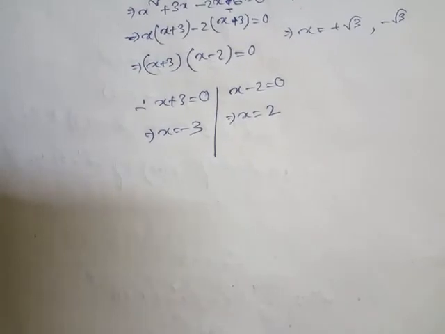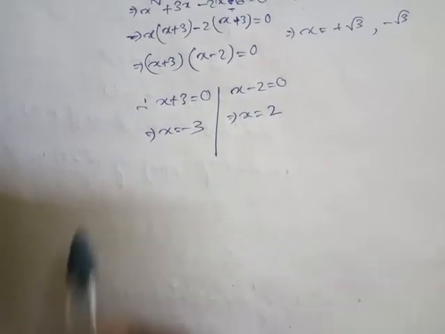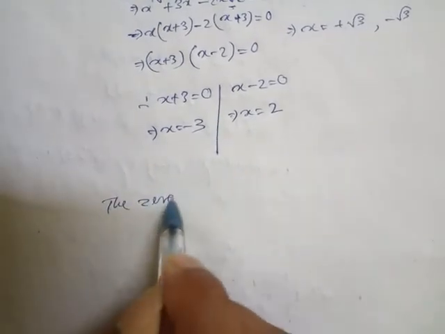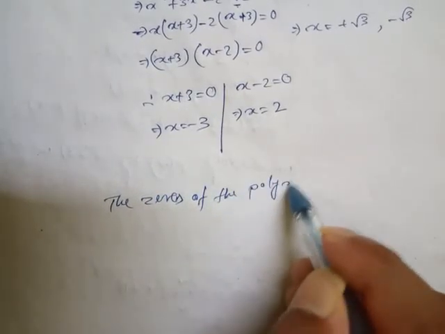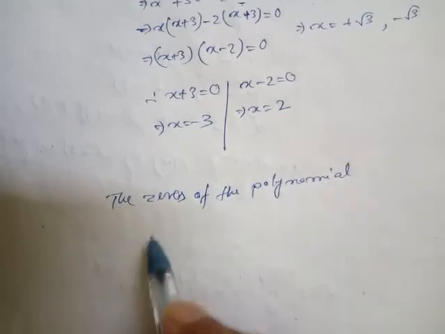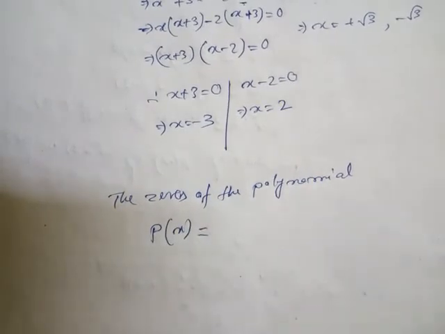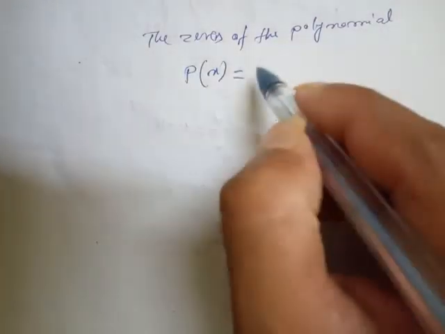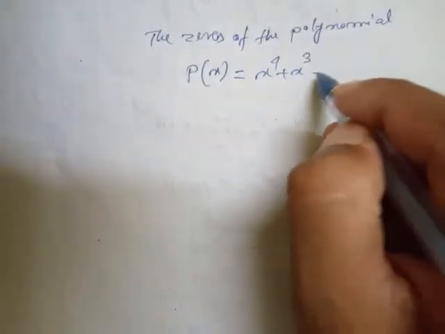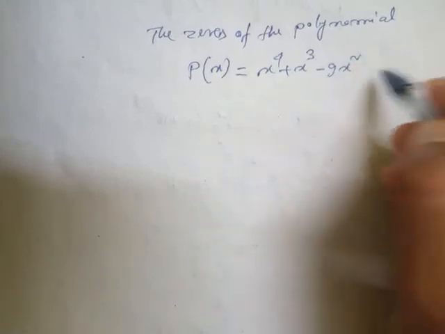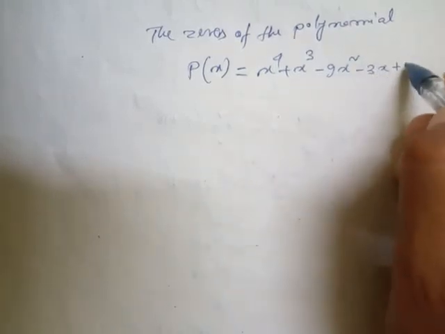So last line of this question we can write like this, as the zeros of the polynomial px equal to x to the power 4 plus x cube minus 9x square minus 3x and plus 18.